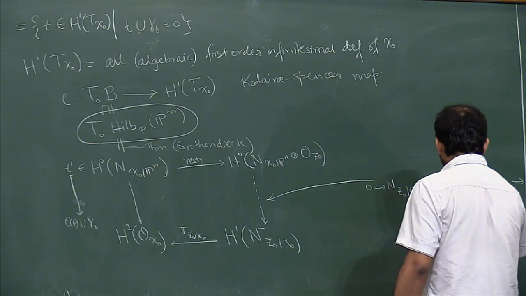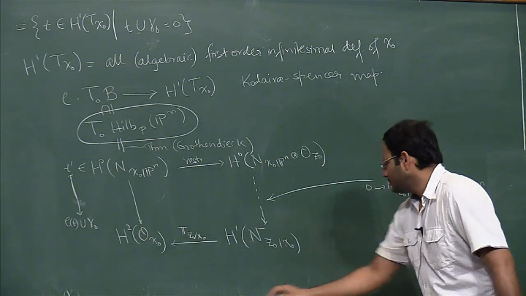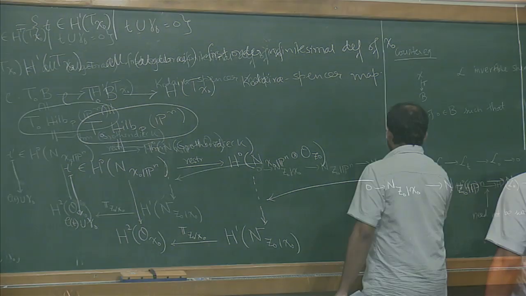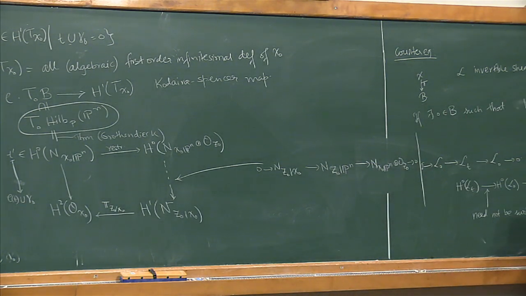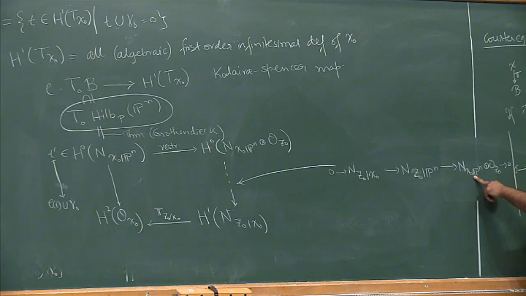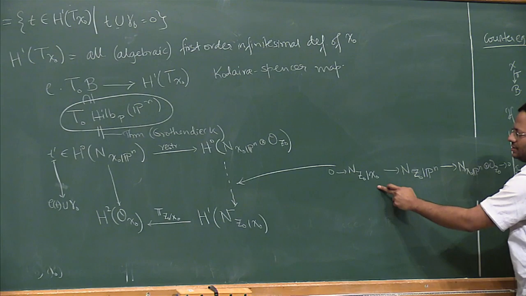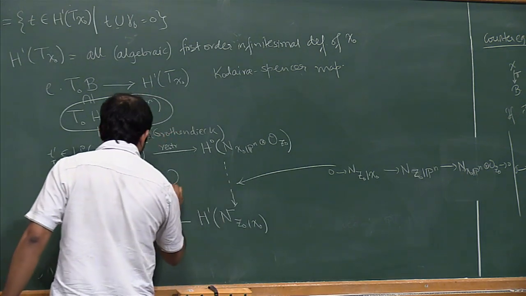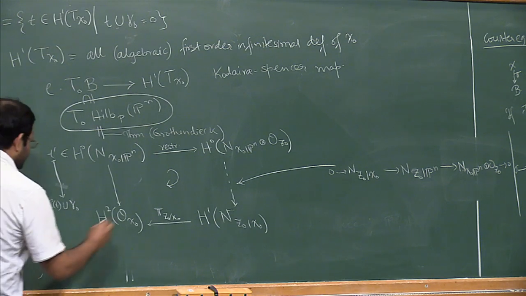I'm making a mistake. So, here you see, if you take the boundary map of this, the global sections of this is here, and the first cohomology is here, and this is really this map, and we can show this is commutative essentially by a result of Bloch.